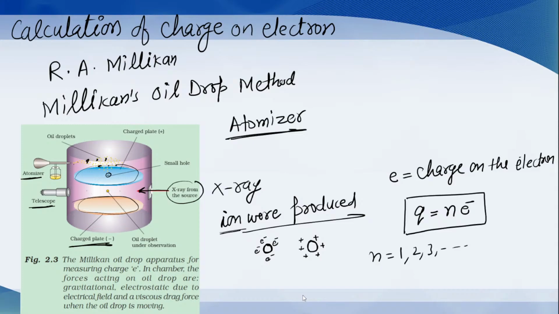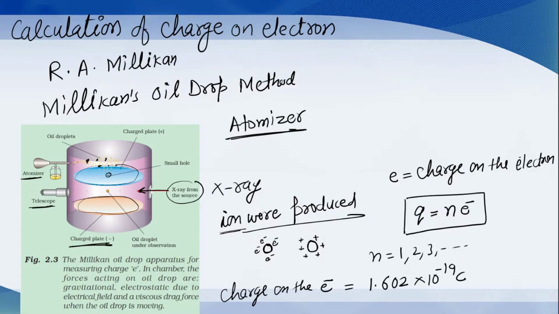The charge on the electron was found to be 1.602 into 10 raised to power minus 19 coulomb, and its magnitude was found to be negative.